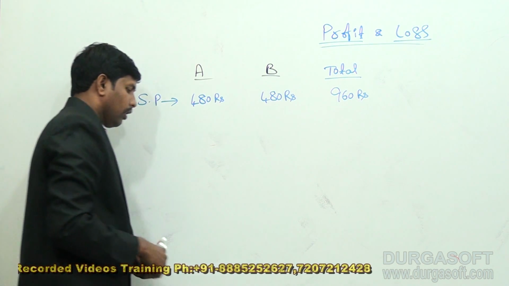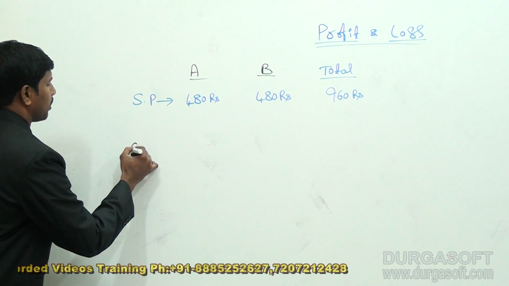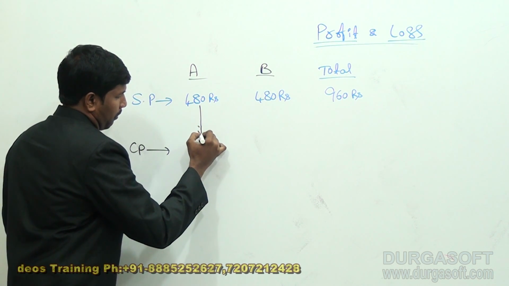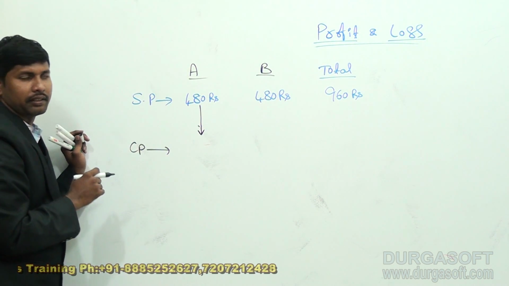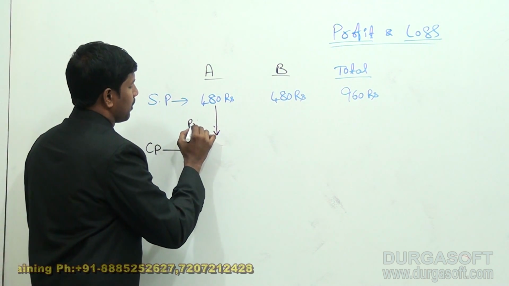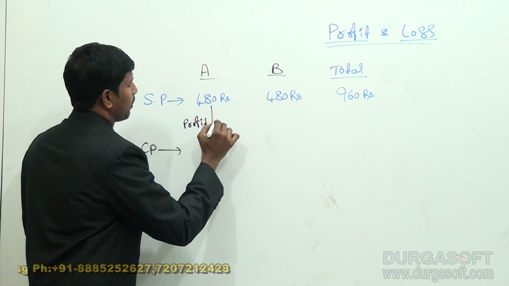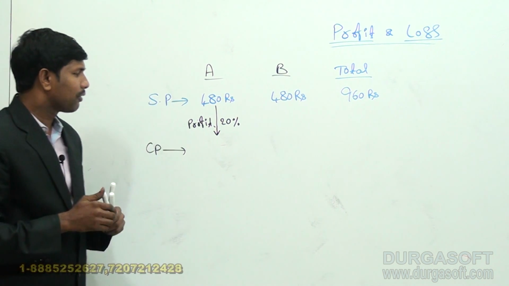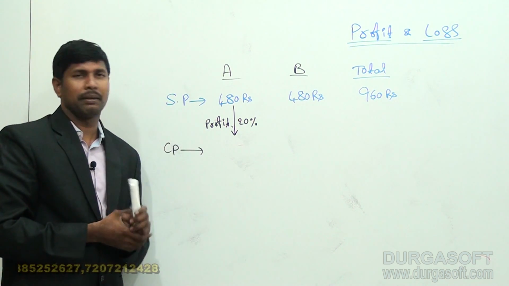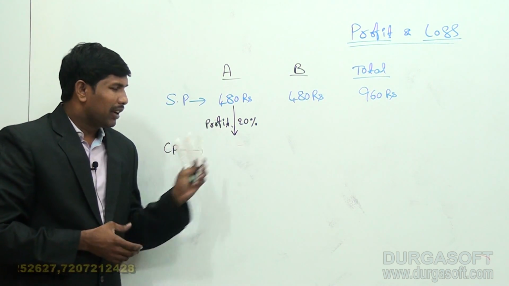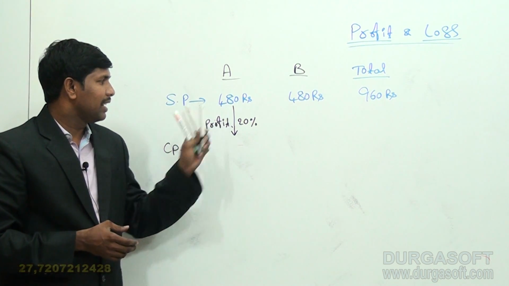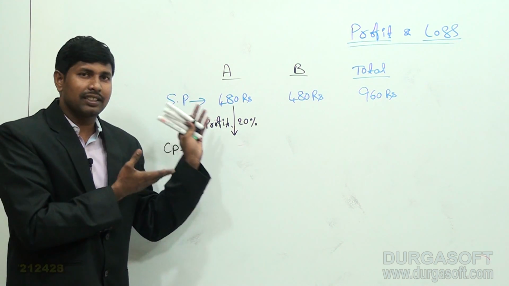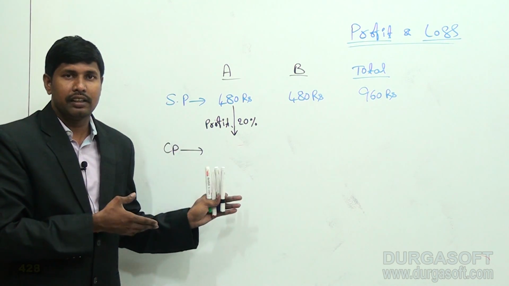Now I want the cost price, where on the first article I got a profit of 20%. So when I sold the article A at 480 rupees, I got 20% profit. So I got 20% profit means this selling price of 480 rupees is obviously equal to 120%, because we discussed that earlier.